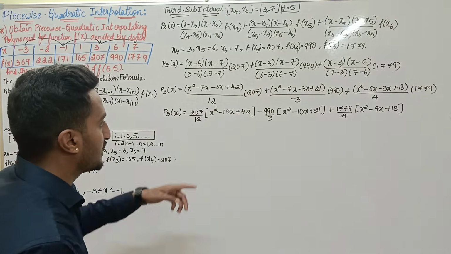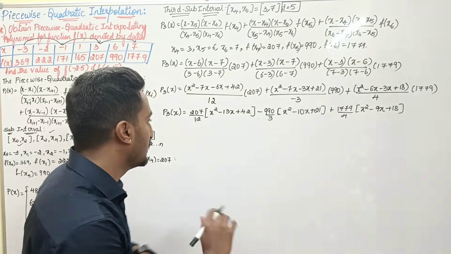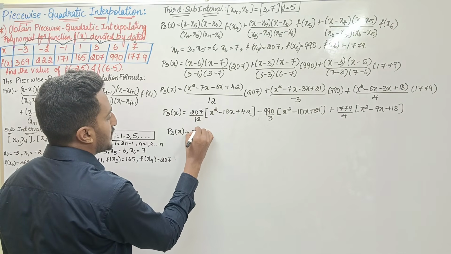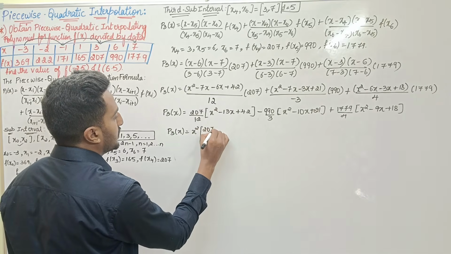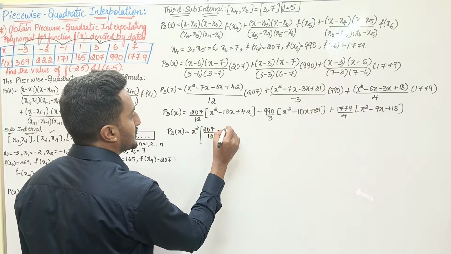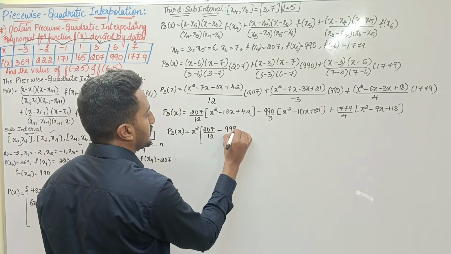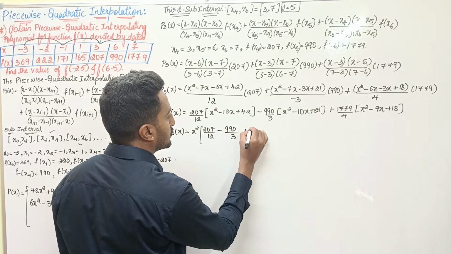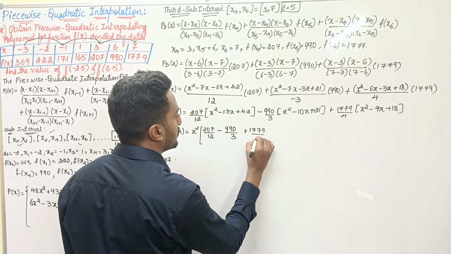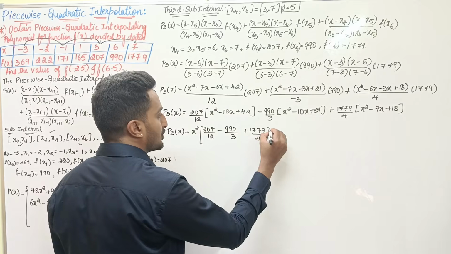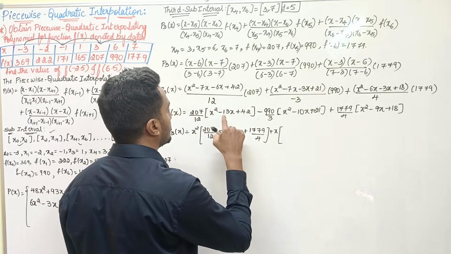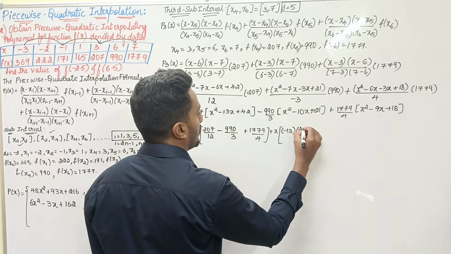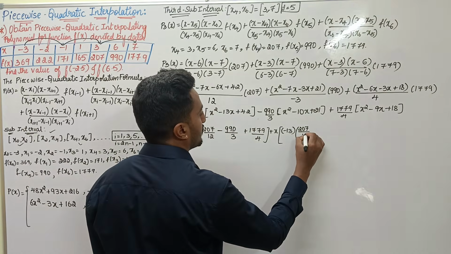Now repeat the condition: again consider x square as a constant, multiply these terms and add to get the condition. x square into 207 divided by 12 minus 990 divided by 3 plus 1779 divided by 4. Next, I am going to consider plus x into minus 13 into 207 divided by 12.